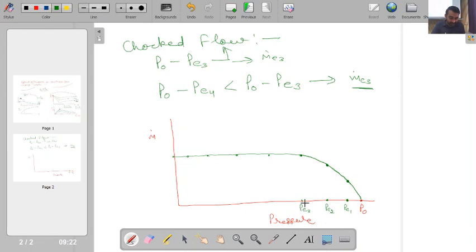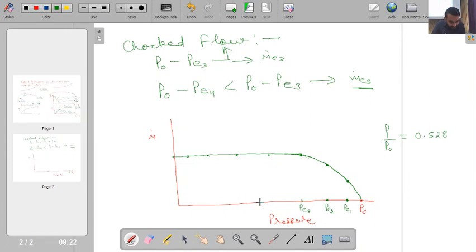What I have said is that corresponding to PE1, PE2, our mass flow rate has increased. But when I reach the situation that at the throat the Mach number has become unity, corresponding to that point, whatever mass flow rate is there is not changing. After this, I have a horizontal mass flow rate for all the decreased values of the pressure. One important point is that we saw that corresponding to Mach number equal to 1 at the throat, our pressure ratio P by P0 is equal to 0.528.